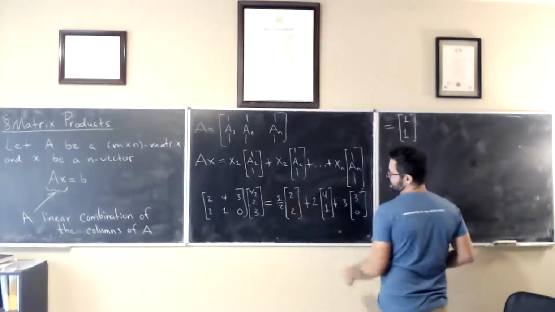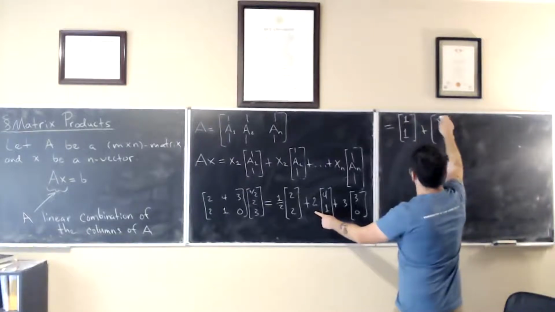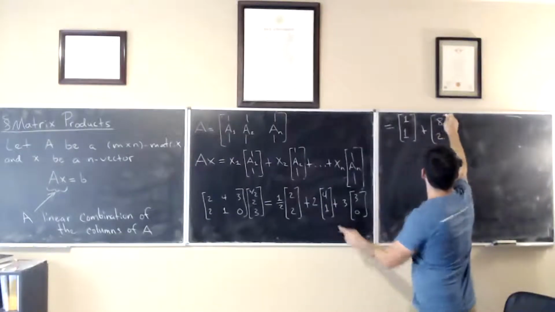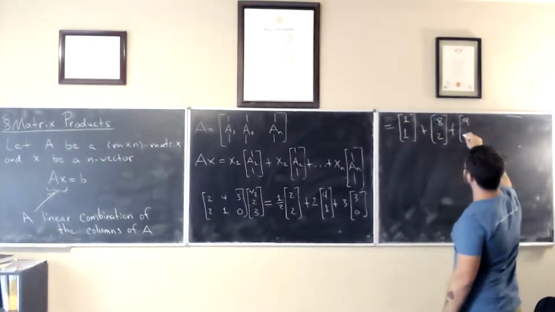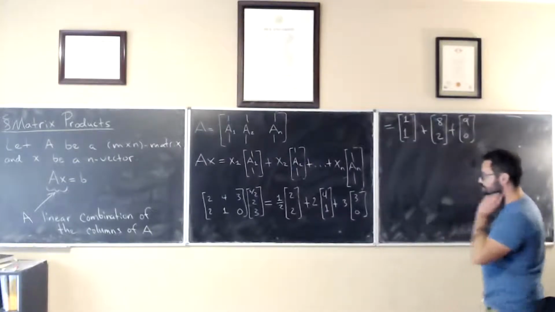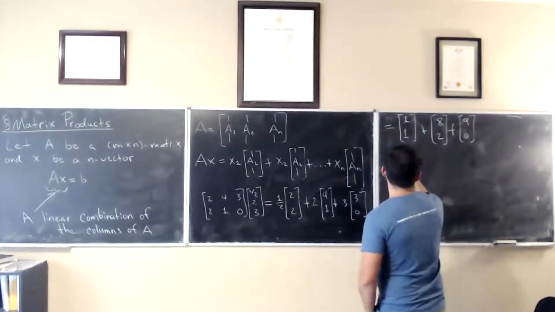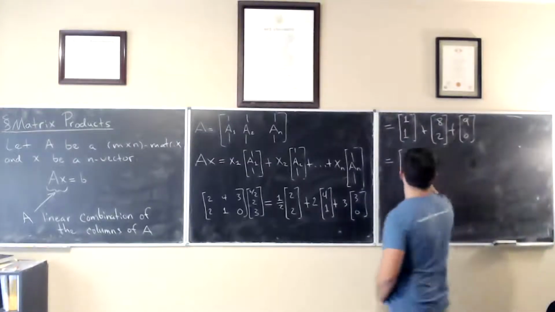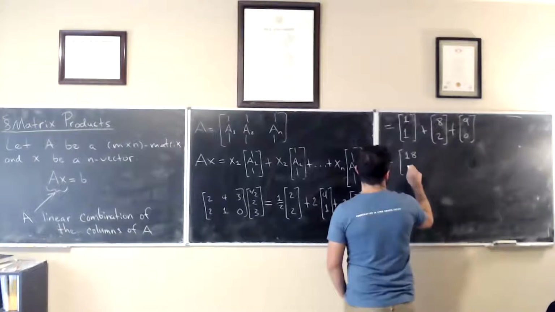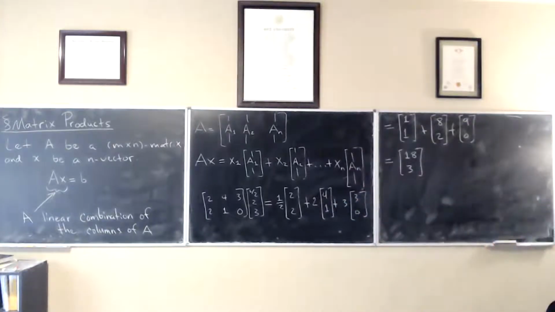Just scalar times vector, plus 8 and 2, plus 9 and 0. Okay, and what is this going to be? 18 and 3. Okay, so that's not so bad, right?